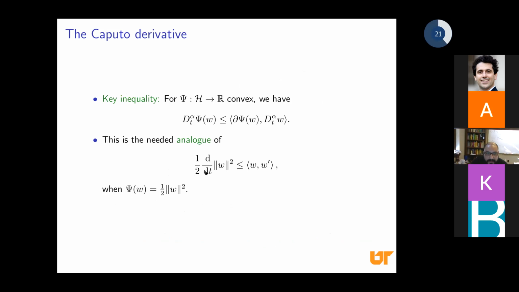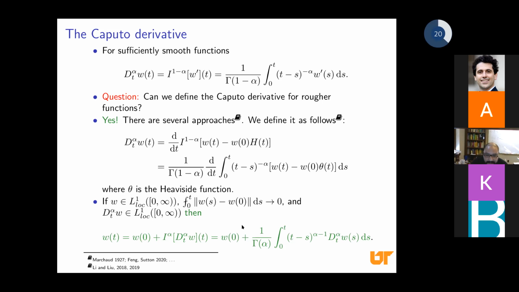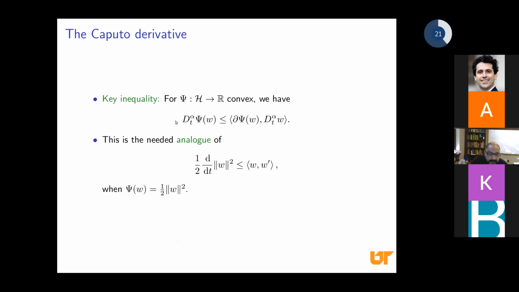And now, from this definition right away, we can get what I call the key inequality, which is the analog of what allowed us to get uniqueness in the classical case. If you remember, in the classical case, we had the derivative of the norm squared, which is something convex, bounded from above by the inner product of the argument times the derivative of the argument.